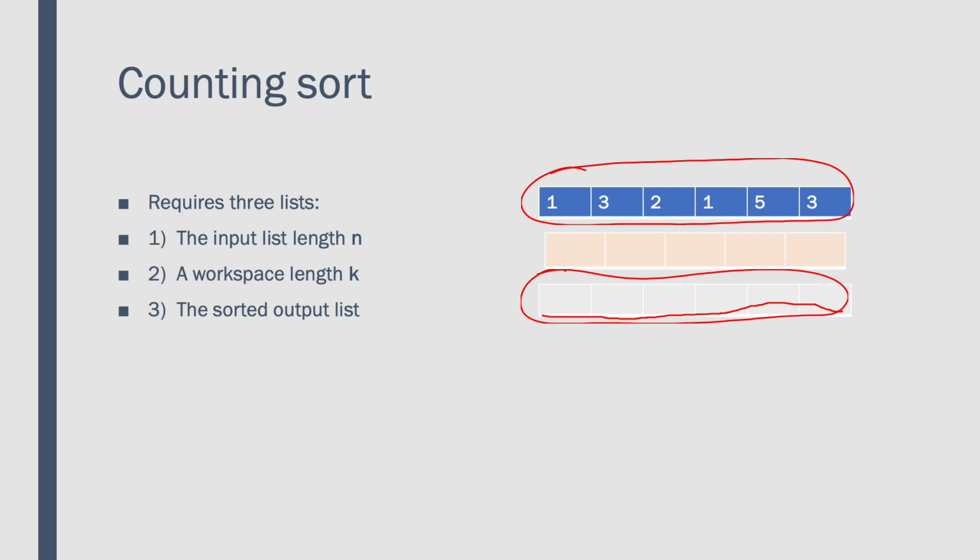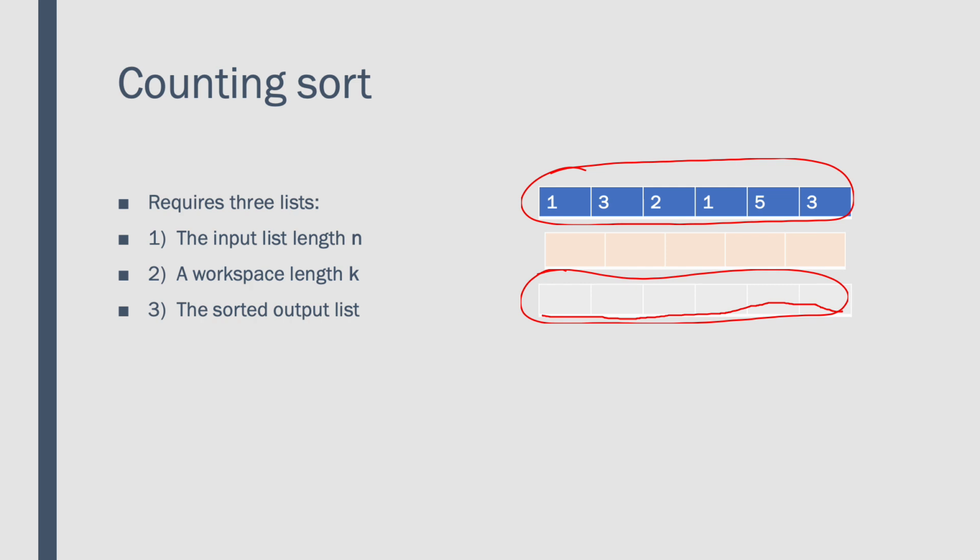This is the unsorted array containing the numbers that we need to sort. Second is length k, a workspace list. This auxiliary array is used to keep track of the frequency of each number in the input list. Third is the sorted output list. This is where the final sorted numbers will be placed.